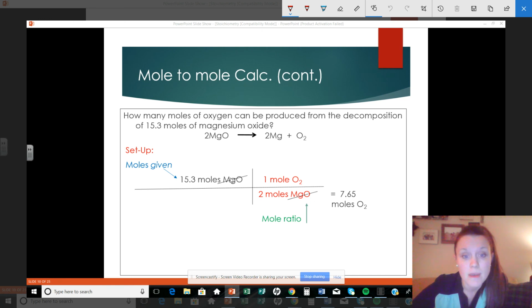My moles of magnesium oxide cancel out, multiply across the top, multiply across the bottom, divide, and I get the fact that if 15.3 moles of magnesium oxide were to decompose, I would get 7.65 moles of oxygen gas.